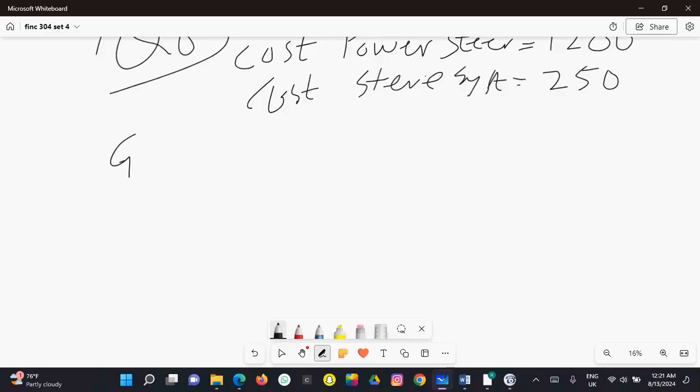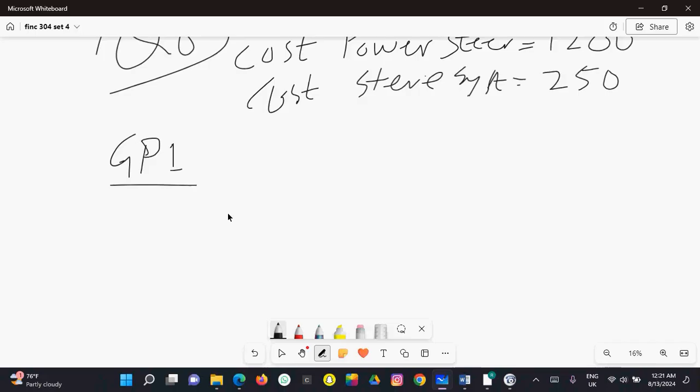So group 1. In group 1, they value power steering, let me use PS as power steering and CDS as the stereo system, right?